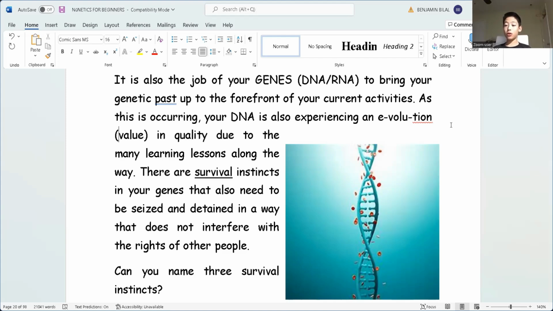If you have traits, like if the climate is very cold in your area or the climate is very warm in your area, when you go to a cold place, if you don't evolve to have a trait to be able to withstand the cold, you might die. This is true.